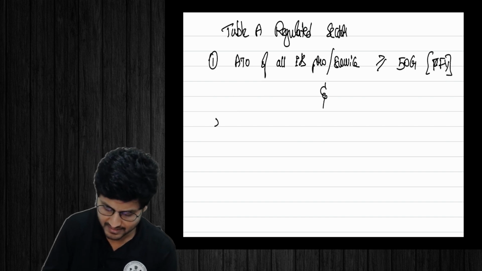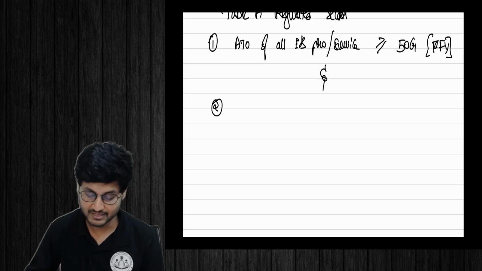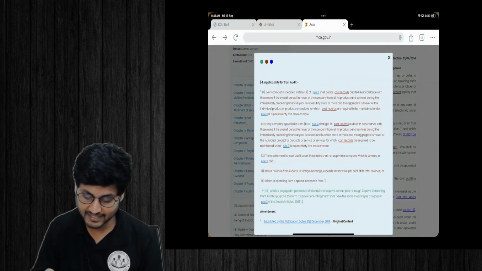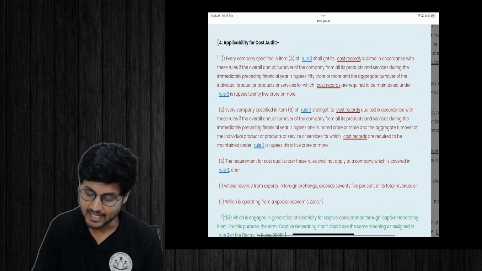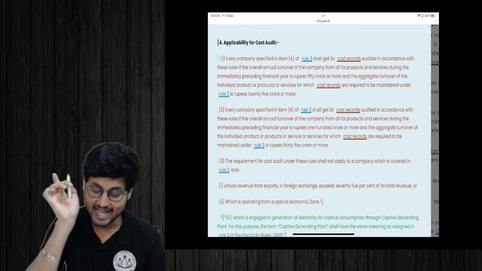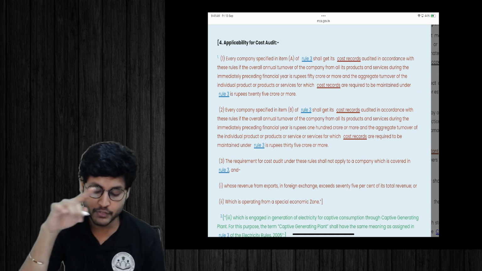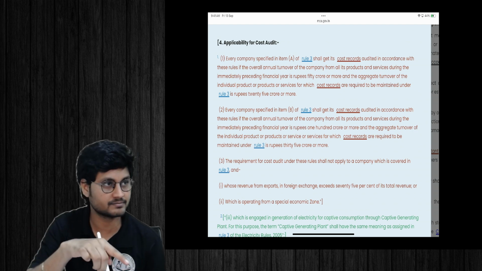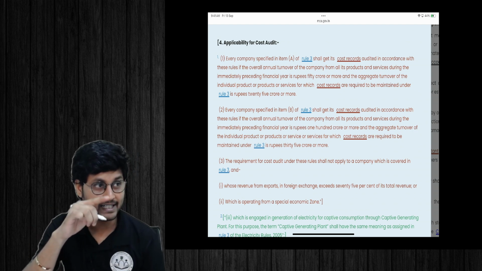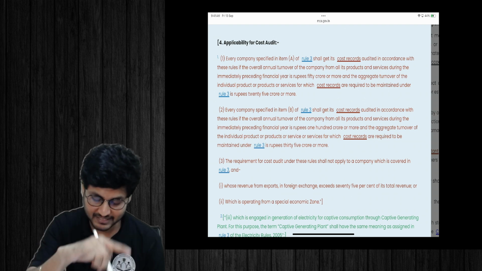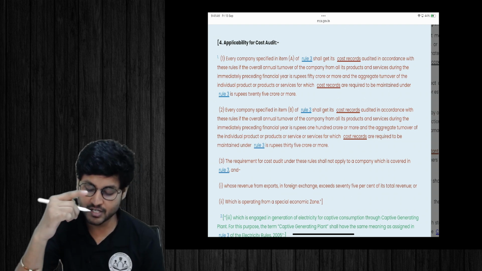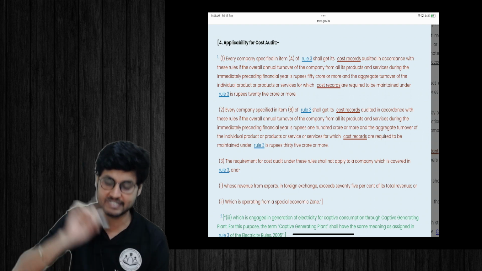And let me read point number 2 also for you. Read it carefully. While reading point number 2, pay attention. And the aggregate turnover of the individual product or products or services for which the cost records are required to be maintained.